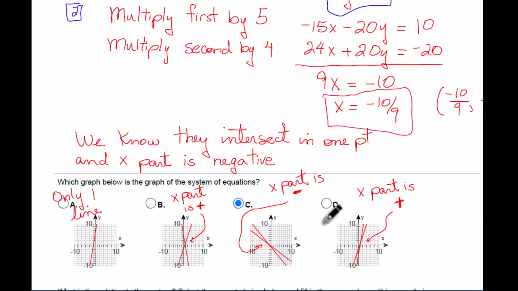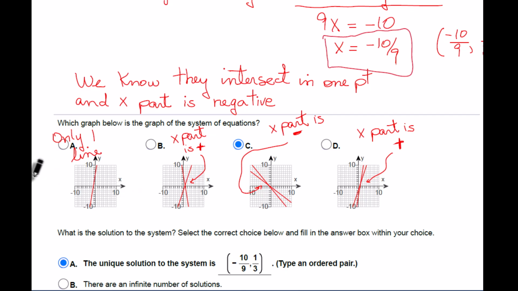All right, so, well, let's see which part of these graphs actually work. Well, not that one. I have more than one line. Let's see, this one doesn't look right. This one looks pretty good. The x part is a minus 10/9. Well, let's see, that looks pretty good. X part here is plus.